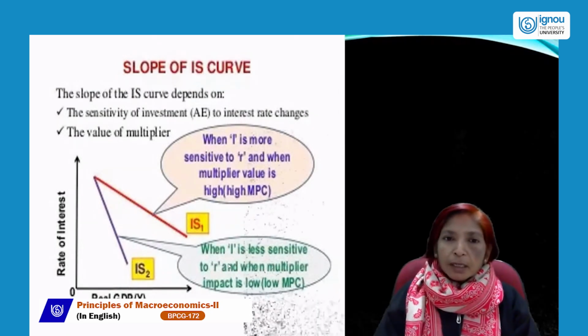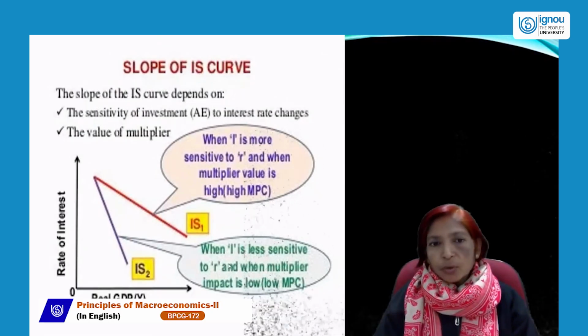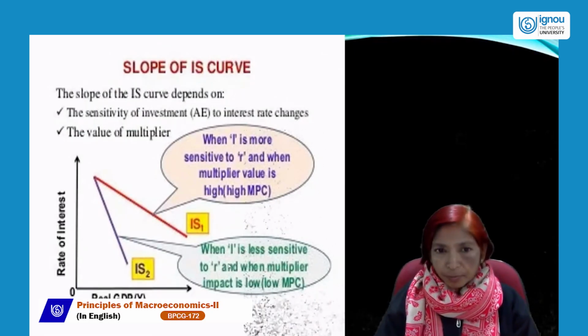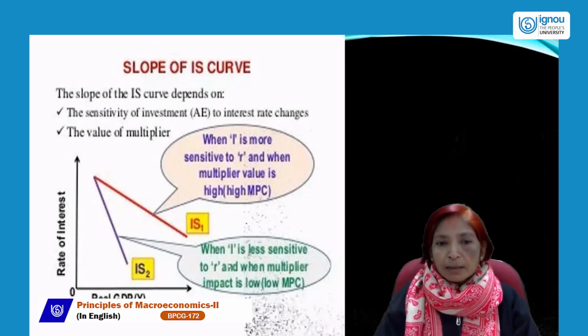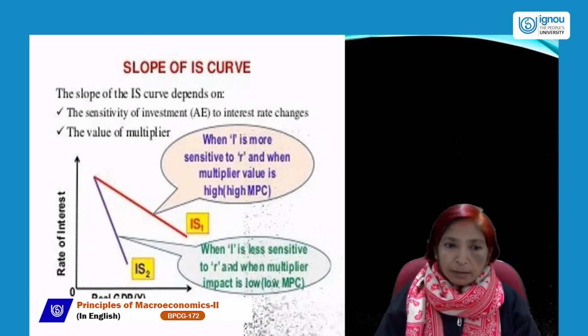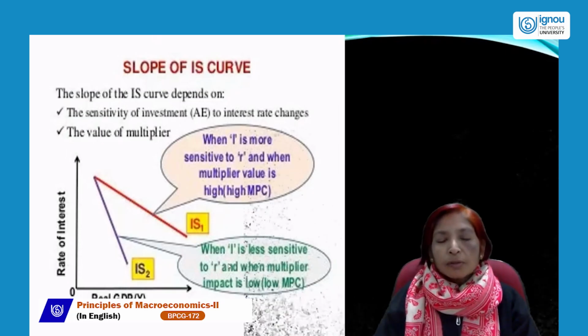If investment is more sensitive to the rate of interest, and if the size of the multiplier is higher, then the IS curve will be flatter.